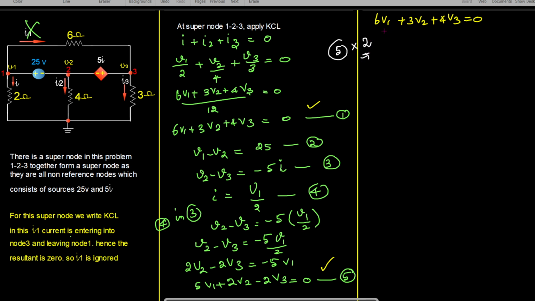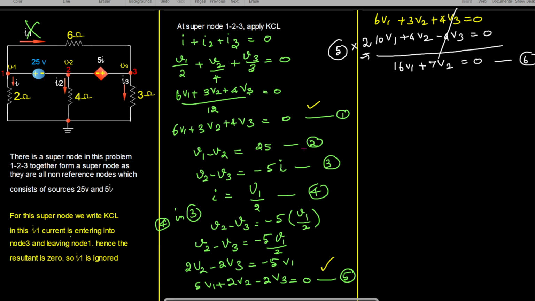That gives me 10V1 plus 4V2 minus 4V3 equal to 0. If you add these, the V3 terms get cancelled, and you get 16V1 plus 7V2 equal to 0. We take this as equation number 6.